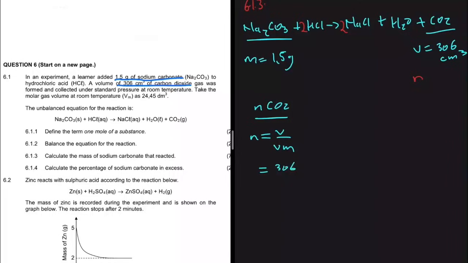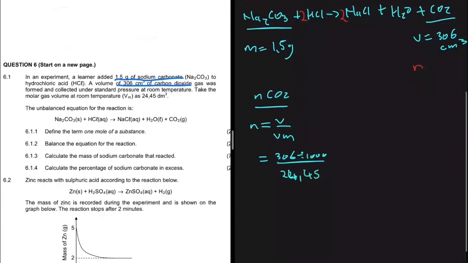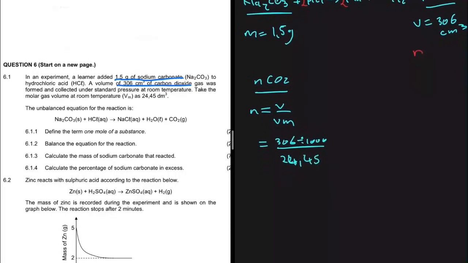So we divide by 1,000 from centimeter cube to decimeter cube. So we divide by 1,000, and then we divide by the molar gas volume, which is given to us as 22.45 decimeter cube. If you punch that in your calculator, you're going to get 0.0125 moles per decimeter cube.